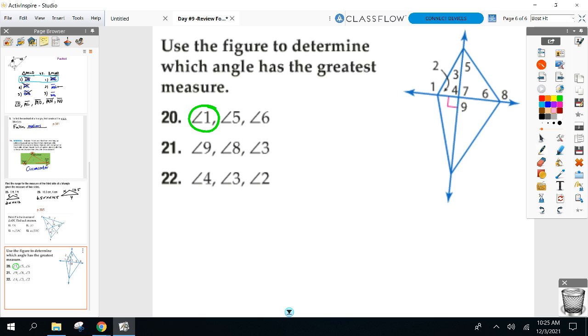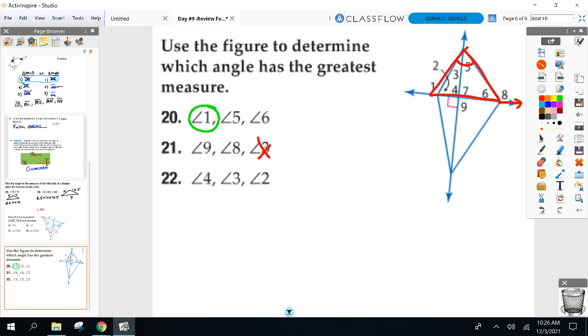Well, actually, first, let's go 9 and 3. No, 8 and 3. Anybody know what's bigger, 8 or 3? It's exterior, right? To an angle that's made up of 3 and 5. So 8's definitely bigger than 3.